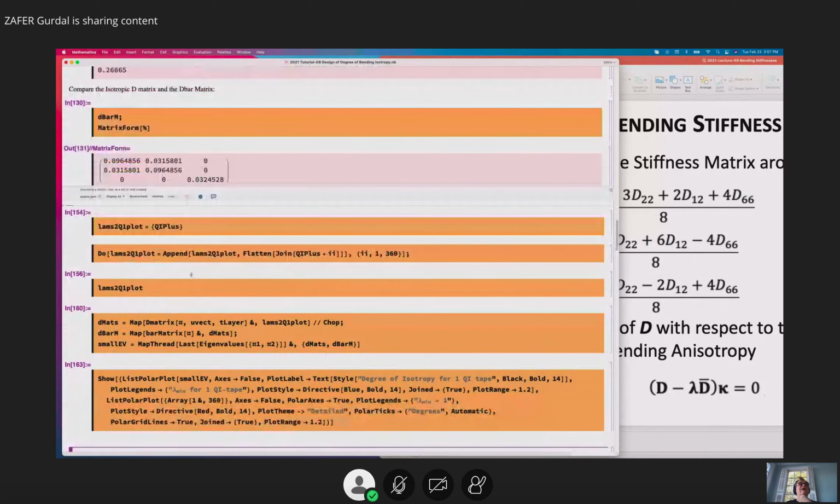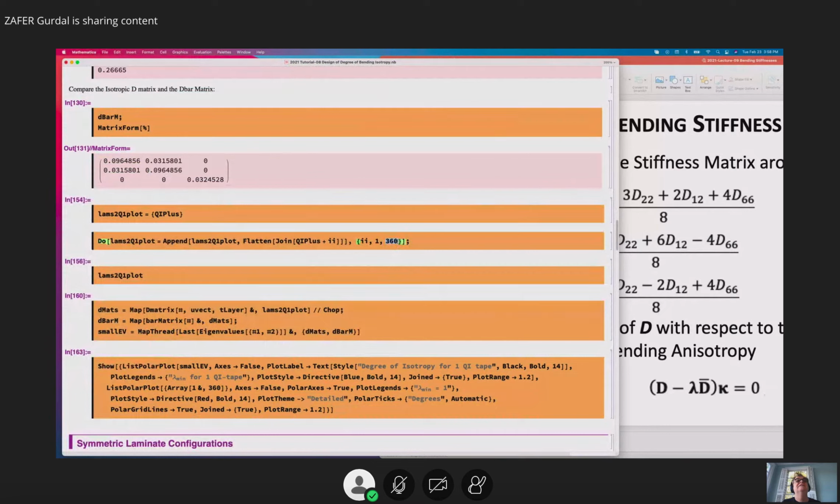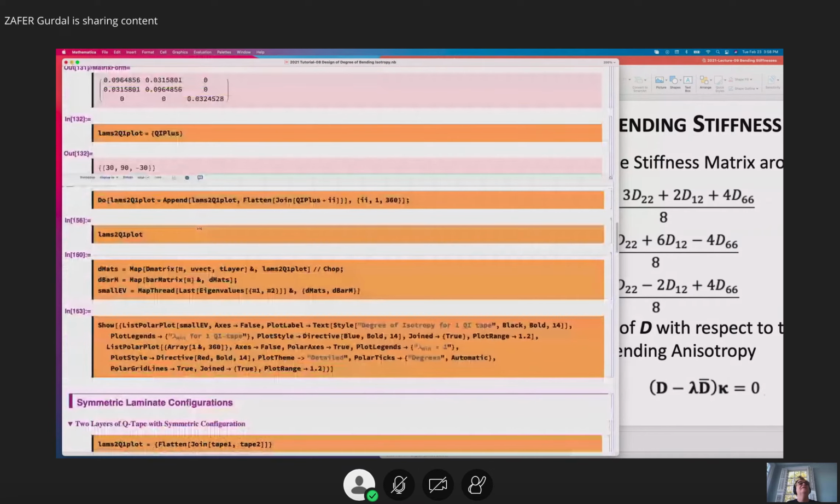Why am I doing this? Oh, I'm actually going to do different orientations around 360 degrees by applying an angle from 1 through 360 to the QI plus. So I'm going to rotate the QI plus by some angle from 1 to 360, and I'm going to compare them together.